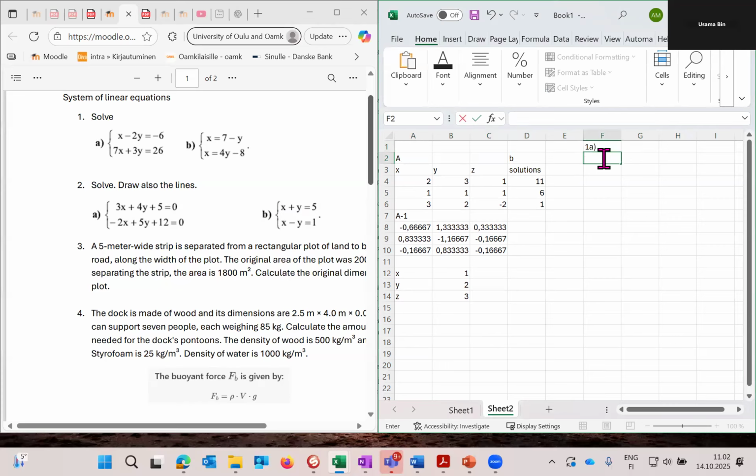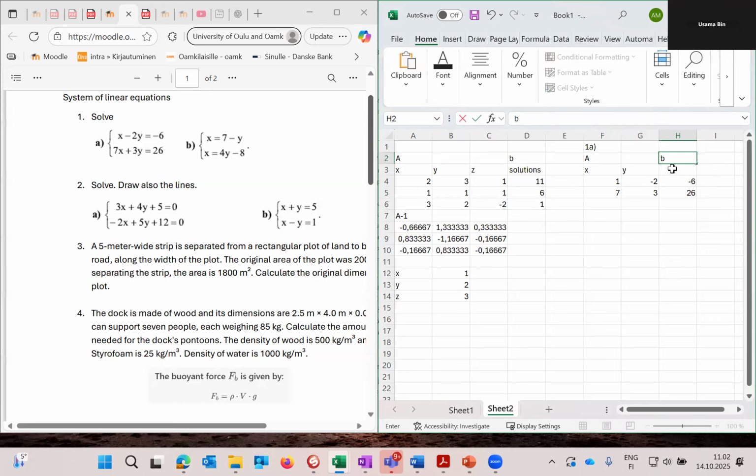A. So I only have X and Y. I have 1, minus 2. And then I have minus 6, that's the solution. 7, 3, and 26. And this was the B, that would be solutions.